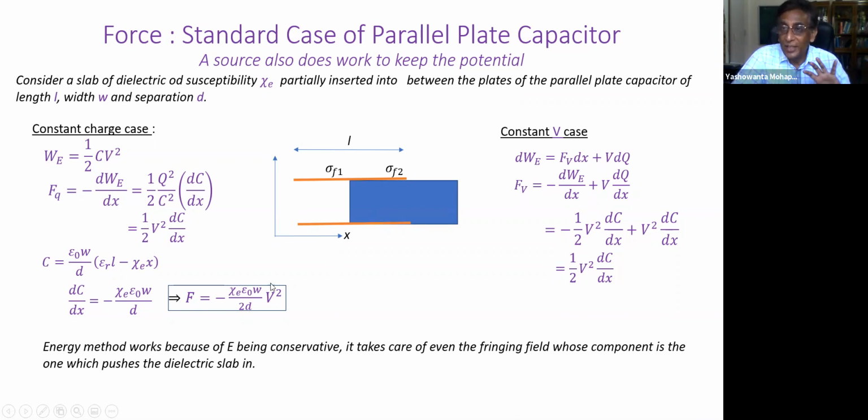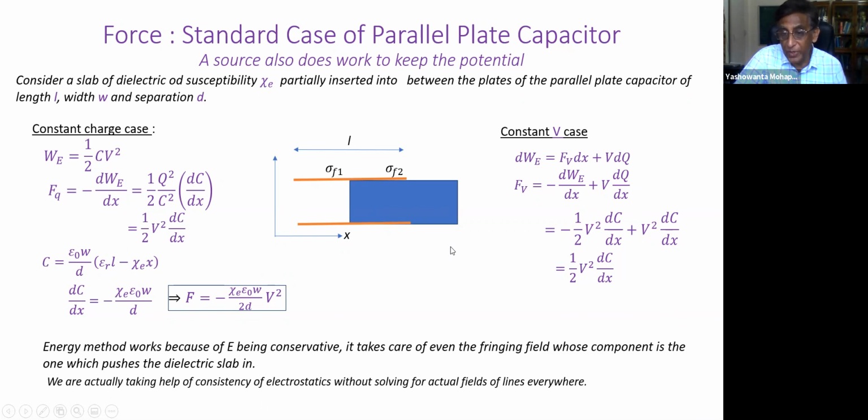We're taking the help of the consistency of electrostatics, without solving for the actual field lines everywhere, and we get that result simply from energy. So in the presence of dielectrics, it is important to use the energy method to obtain the force.